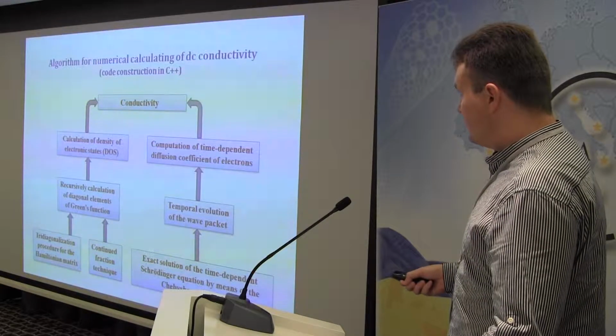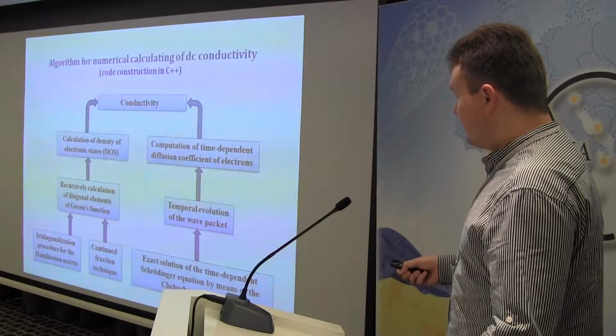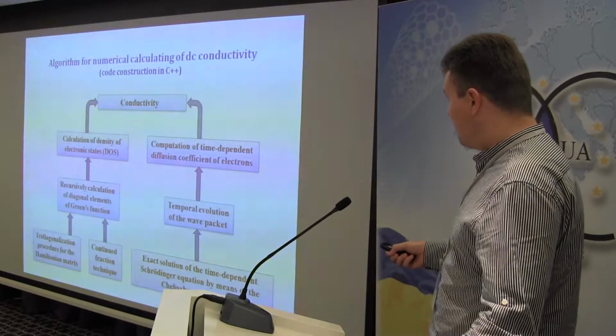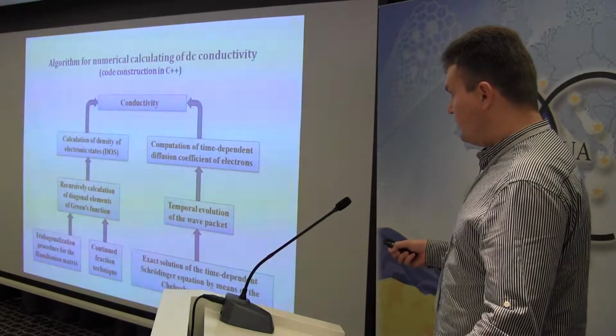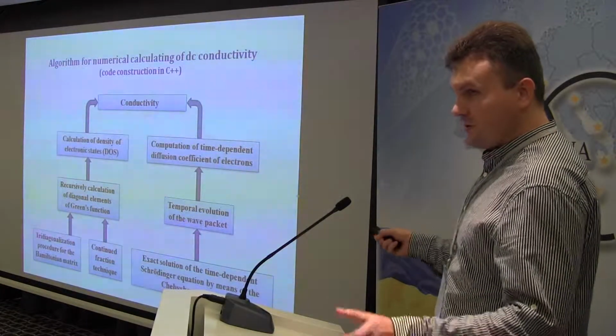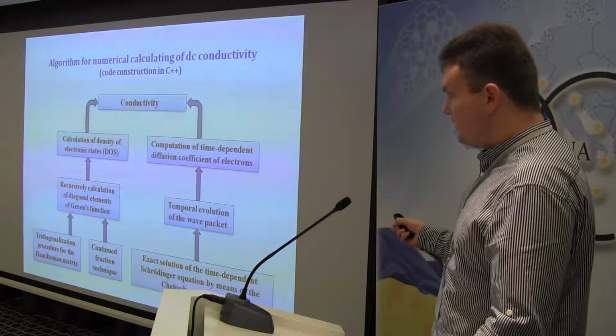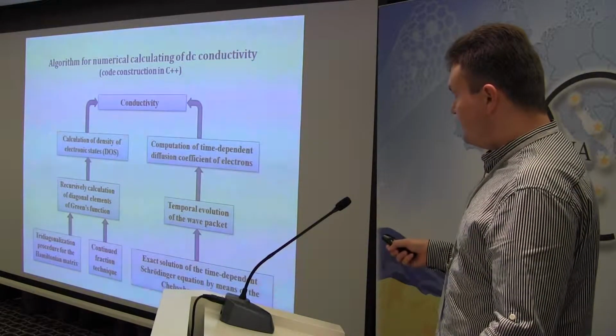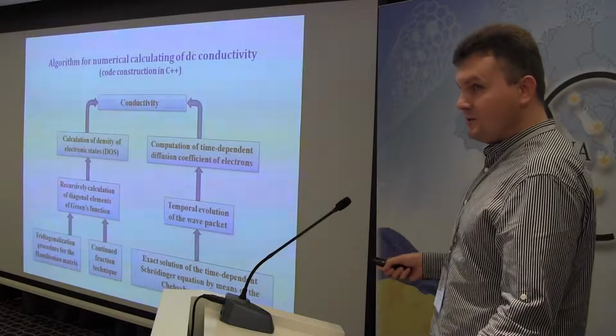To do it, we constructed codes using C++. I want to say that we didn't use any packages like Quantum Espresso or VASP or Siesta or some others, because these packages cannot work with very large systems.